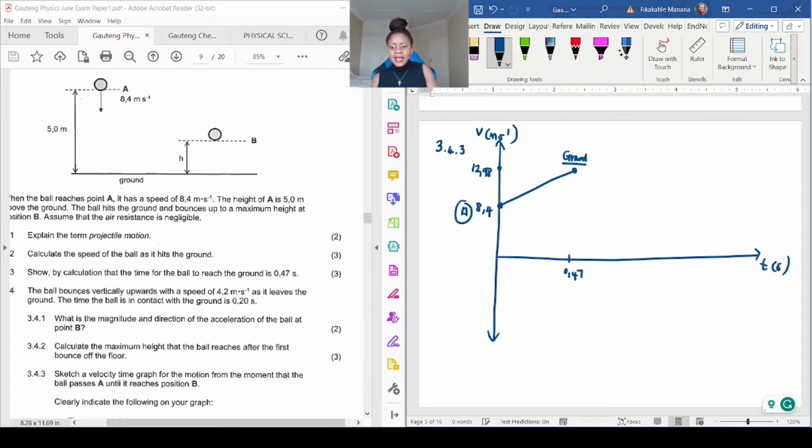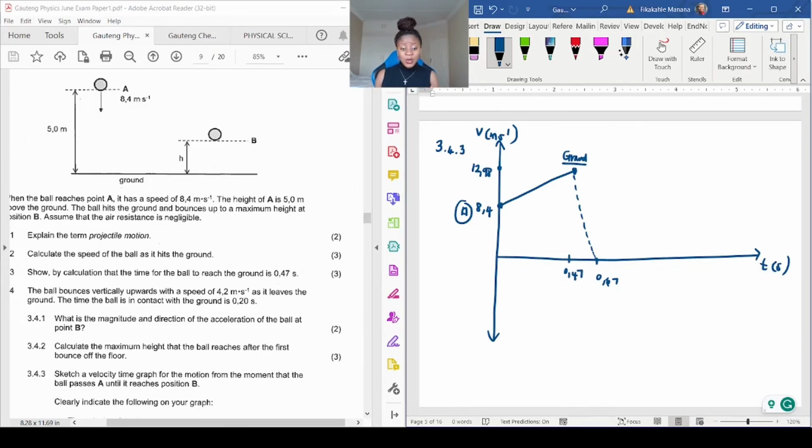Then we spent some time on the floor. They gave us the time there, it was 0.2 seconds. So 0.47 plus 0.2 is 0.67. This is where you get your dotted line, the time spent on the ground.